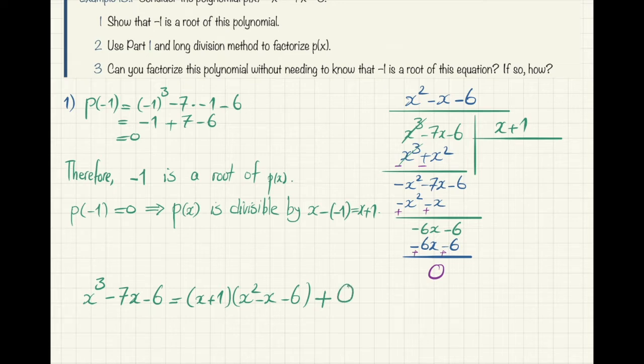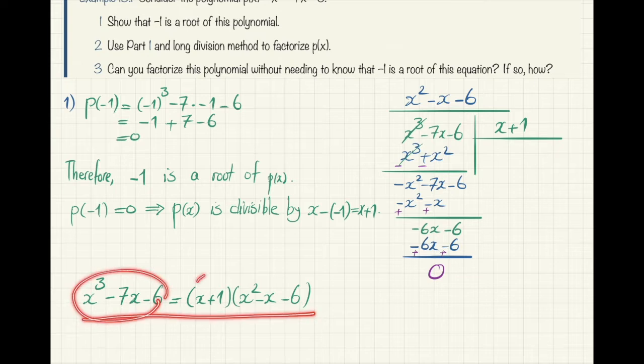But of course nobody writes plus 0, so let me clean it. And when I clean it, look what happens. You have your polynomial in a product form. So it means that you already succeeded at least to partially factorize your polynomial.